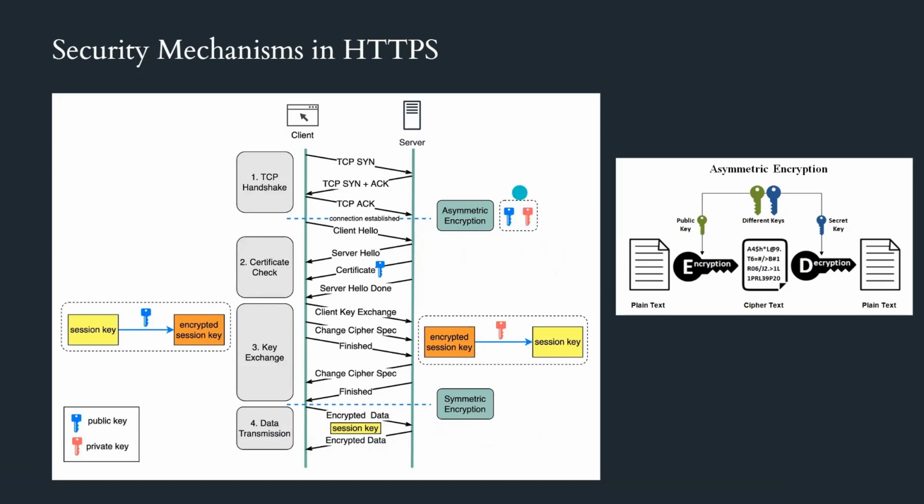In asymmetric encryption, the public key is used to encrypt the data, and decrypting the data is done using the private key. So using two different keys for encrypting and decrypting is asymmetric encryption, and symmetric encryption means using the same key for encryption and decryption.